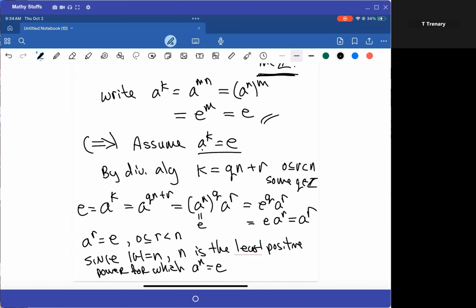So since r is less than n, r must equal 0.